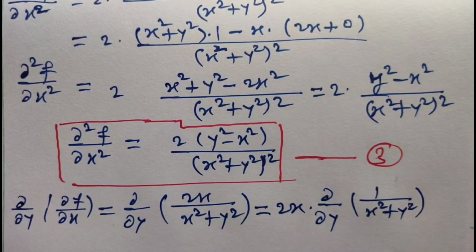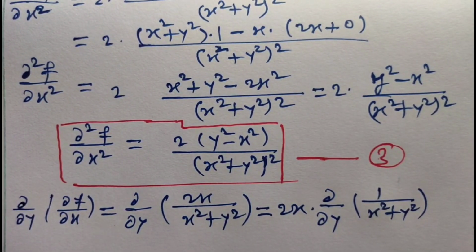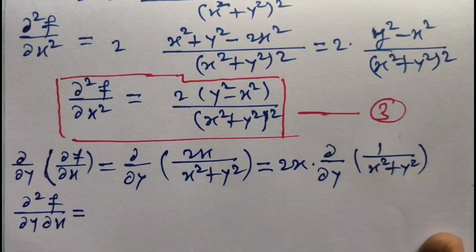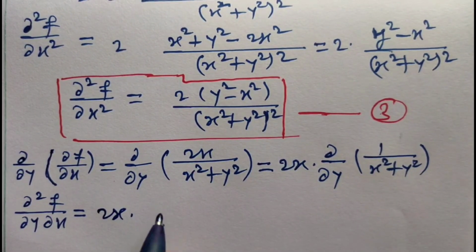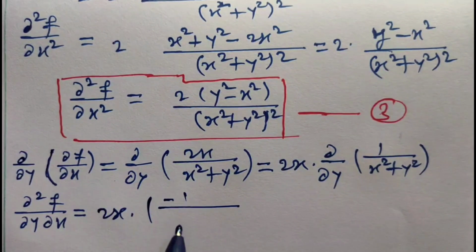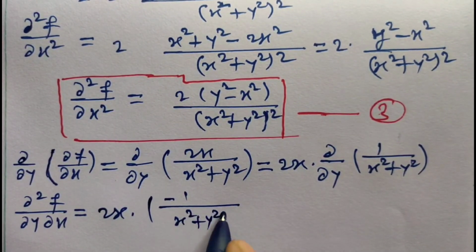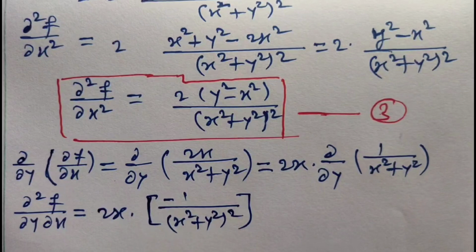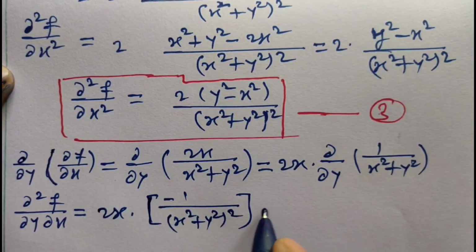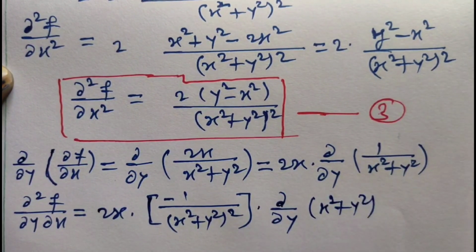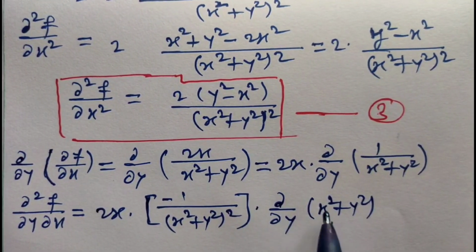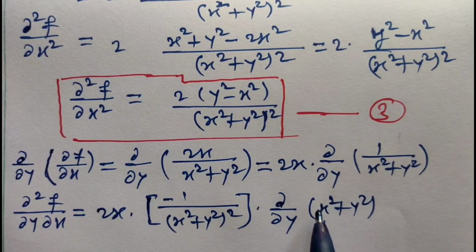So applying the formula of derivative, we can write this ∂²f/∂y∂x is equal to 2x into derivative of this with respect to y, that will be minus 1 upon (x² + y²) its square, and then partial derivative of x² + y² with respect to y. Partial derivative of x² with respect to y will be 0 because x² is a constant term, and partial derivative of y² with respect to y will be 2y.